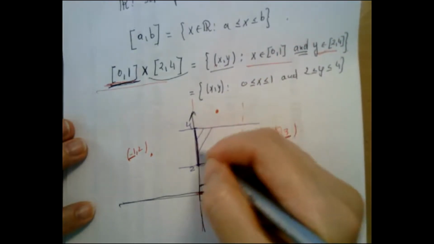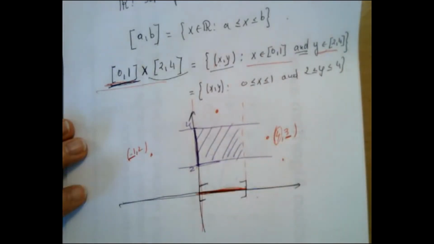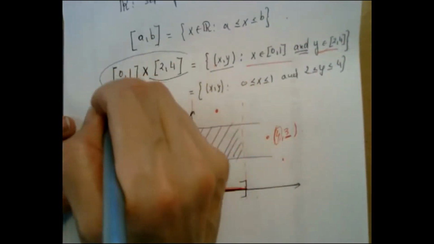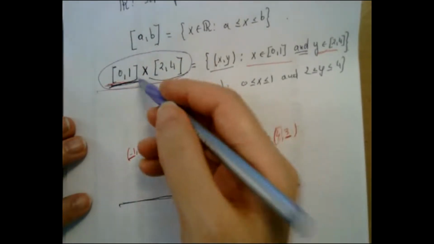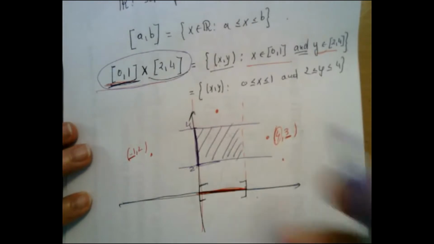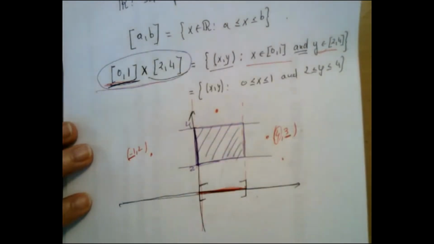So the Cartesian product, we can visualize it as this box or this rectangle. Very important realization, because a lot of times the way we would describe a square or a rectangle in R2 is as a Cartesian product of two intervals. So that's really the way we can visualize this Cartesian product.